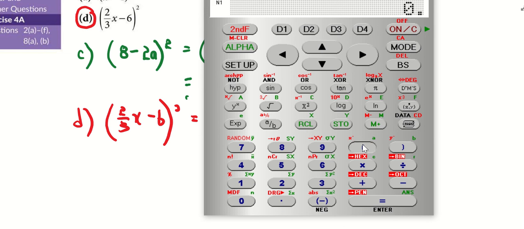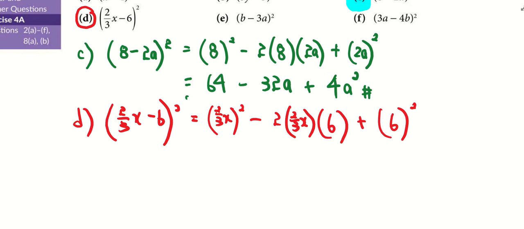There's a bracket, 2/3 close bracket, square it. You should get 4/9. So let me write down 4/9. When you apply the square to x, it's just x squared.